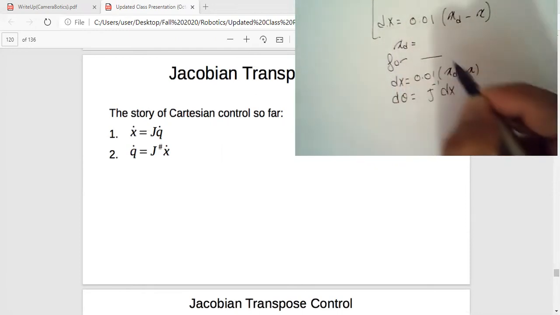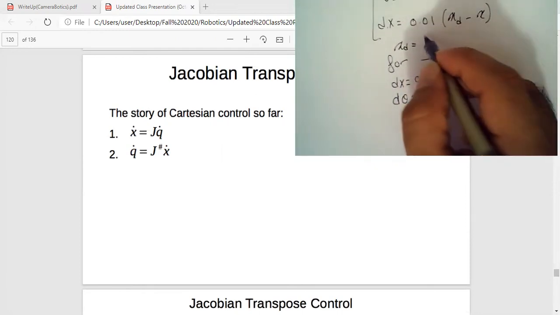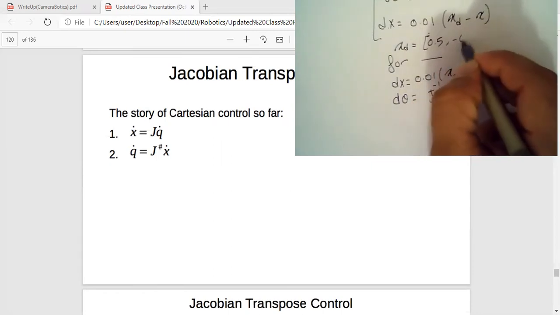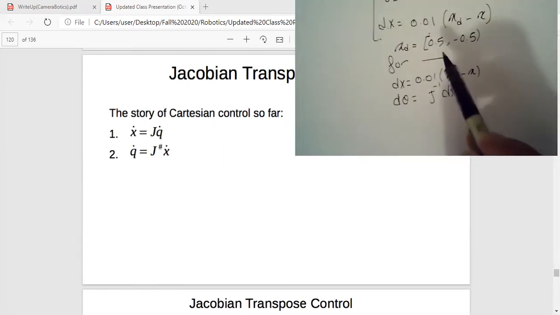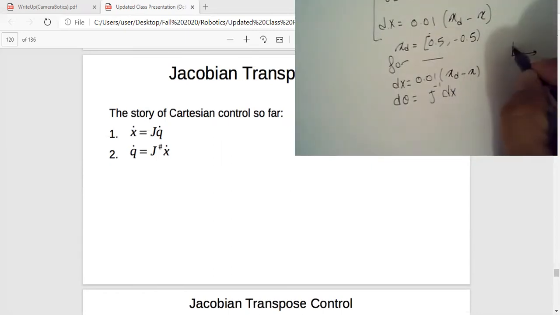Let's say you're trying to solve the inverse kinematics of this vector xd, which is, let's say, in the case of the two degree of freedom robot, 0.5, minus 0.5. You're trying to find what is theta 1 and theta 2 that would correspond to the robot being in this position, for example, 0.5 here, and I have minus 0.5.